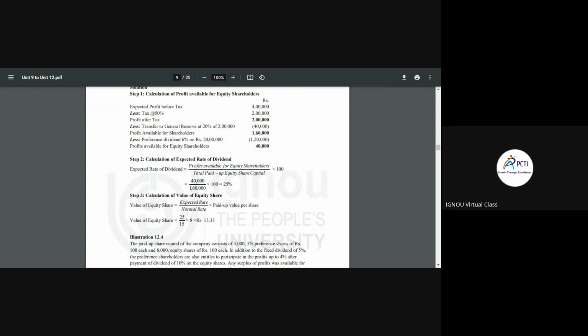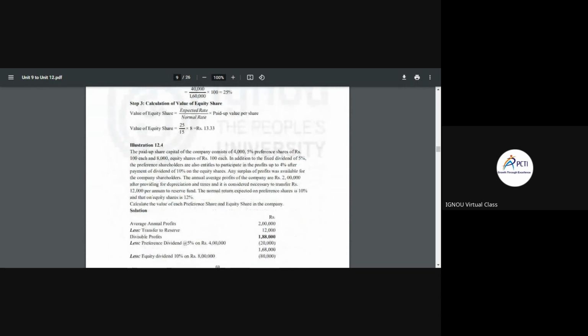Our profit available for equity shareholders is rupees 40,000, and the total paid up equity share capital is rupees 1,60,000, multiplied by 100, which is equal to 25. Step 3 is calculation of value of equity share. Value of equity share is equal to expected rate divided by normal rate multiplied by paid up value per share. Expected rate is 25, normal rate is 15, and the paid up value per share is 8. So we have the value of 13.33.